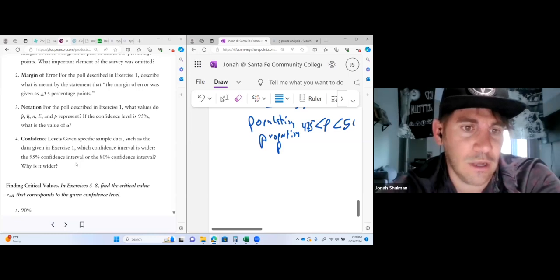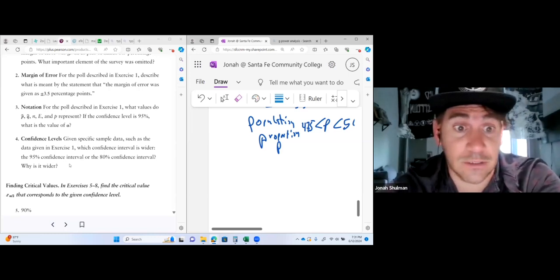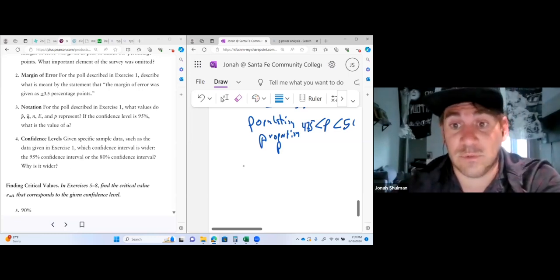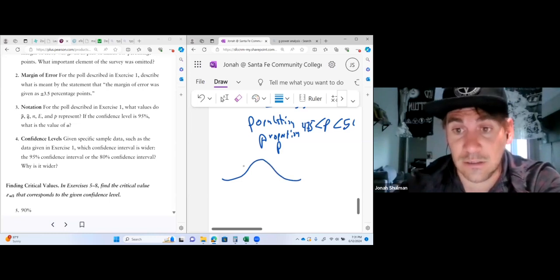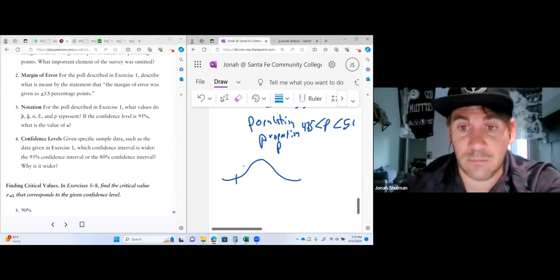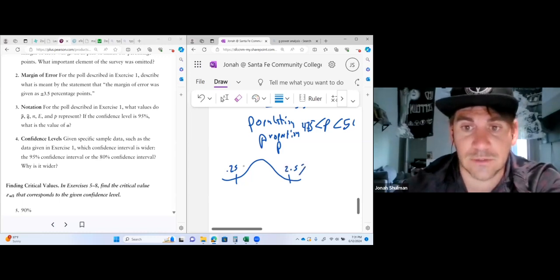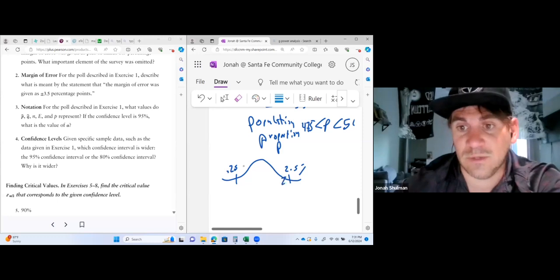Which one is wider? I believe 95% would be, because 95% to me means we've got 0.025, 2.5% on both sides. So this means we have all of this.